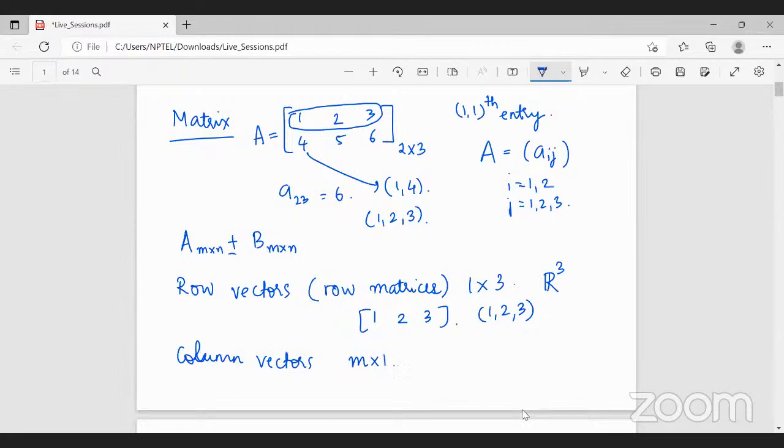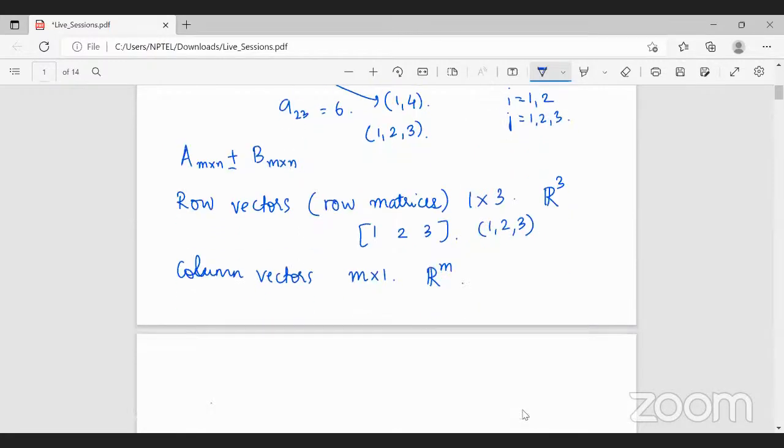If I think of that as a vector, in which space will it be? R2. For this matrix, R2. In general, if I have an m cross 1 matrix, it is going to be in Rm. But mostly we'll be dealing only with R2 or R3. Very rarely we'll go beyond that, but still it's better to know in general. Rm means the set of all vectors with m components. That's all.